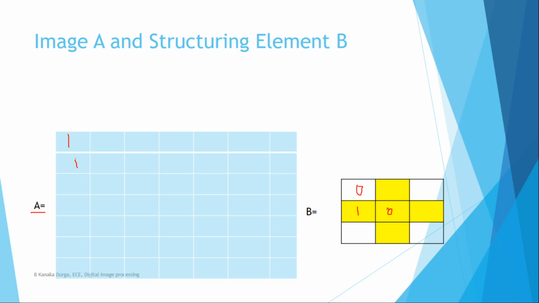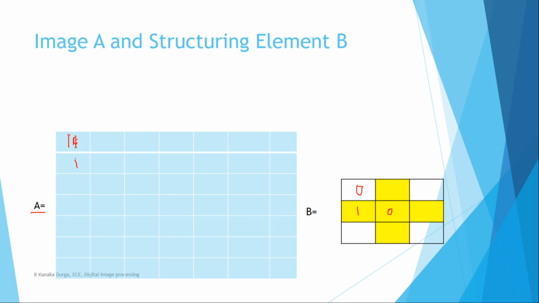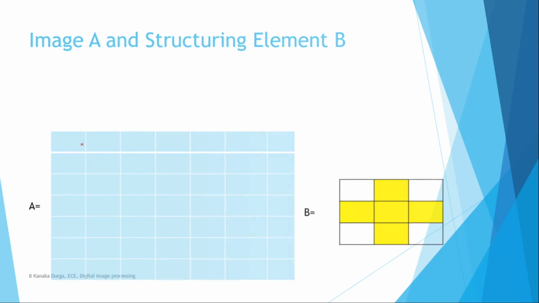How do we do the analysis of the erosion operation? Whichever pixel I want to do the erosion operation on, that pixel I have to consider. I want to do the erosion operation on this pixel, so I have to keep the origin of the structuring element coinciding with it. Once we have kept it, we have to compare which cells match or do not match.